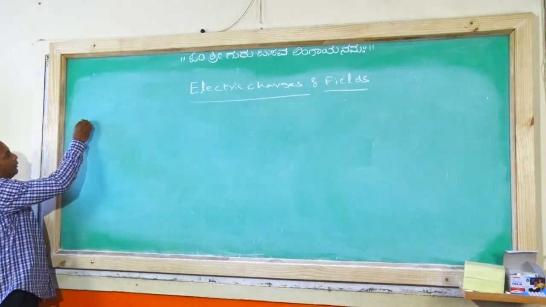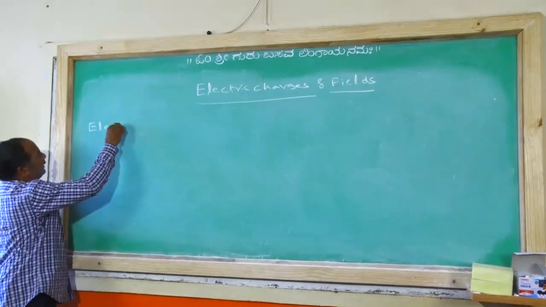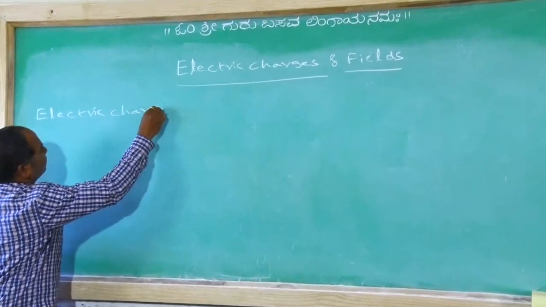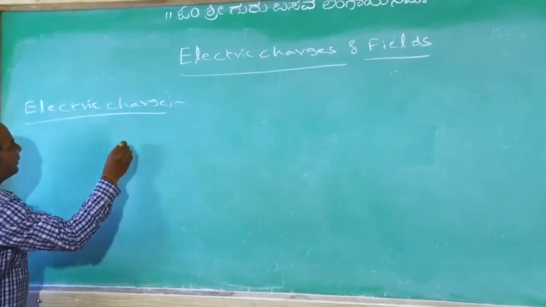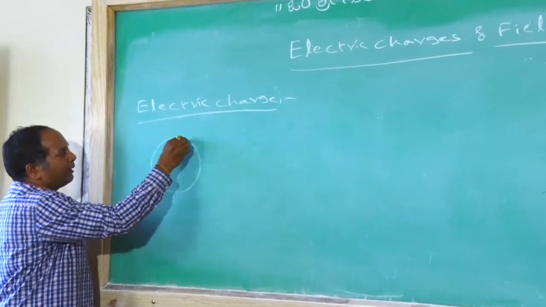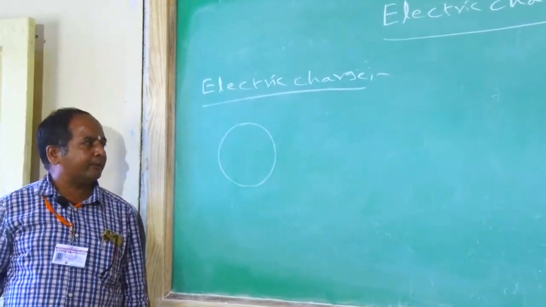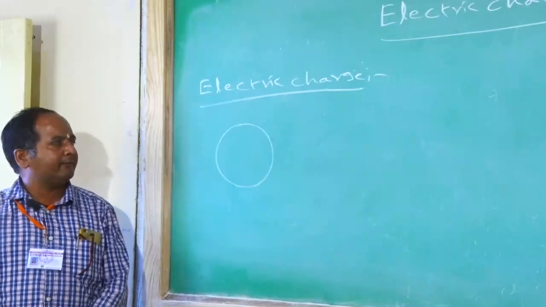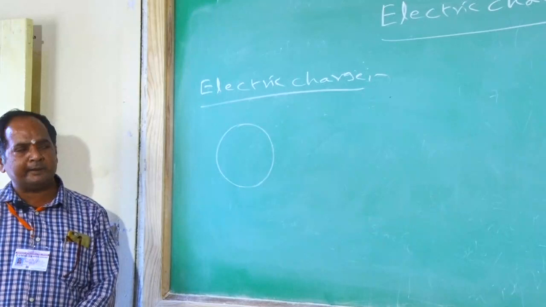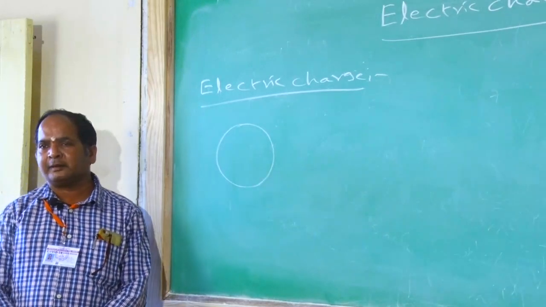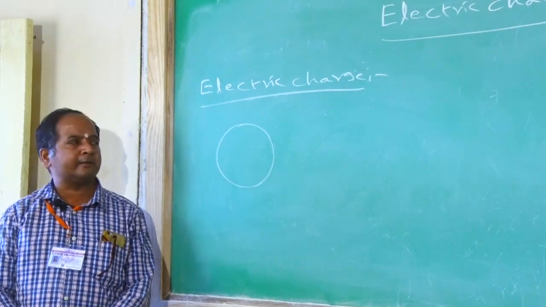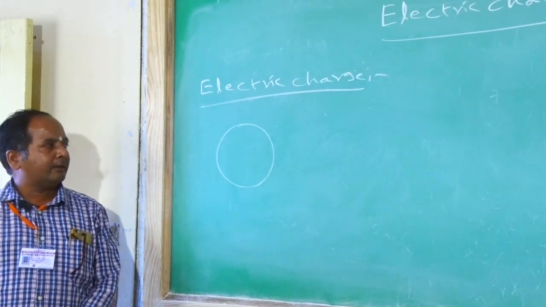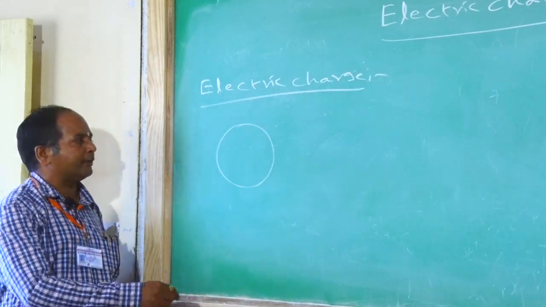Here first of all we should know what is meant by electric charge. Electric charge means what? If any body is considered, already we know that the body has molecules and each molecule has a nucleus with protons, and surrounding the nucleus the electrons are revolving. Protons have positive charge and electrons have negative charge.